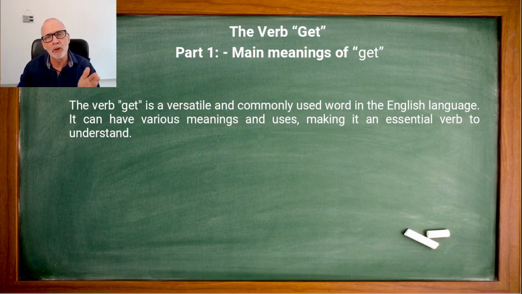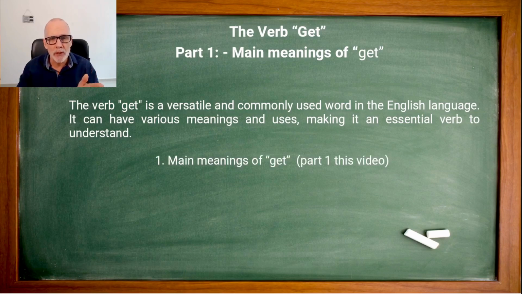So I'm going to divide this class, which is class 11 and deals with the verb get, up into 4 parts. Today is going to be part 1, which is the main meanings of the verb get, just as a standalone verb.